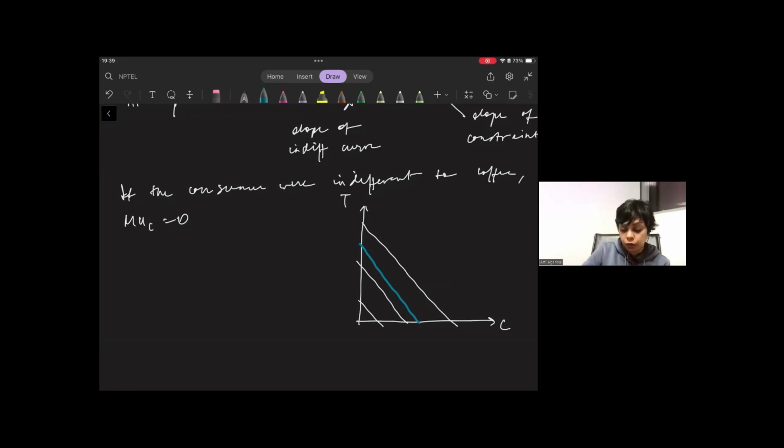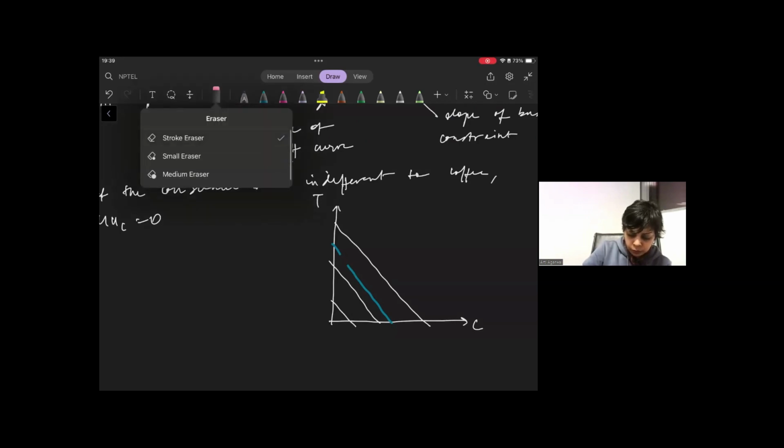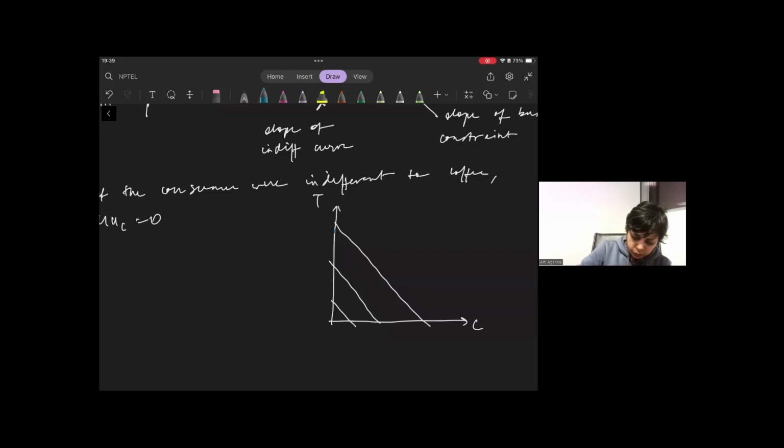Now I have drawn it like this, but the budget constraint doesn't actually have to be parallel to your indifference curves. It could be something like this, or depending on the prices again, could be something like this.